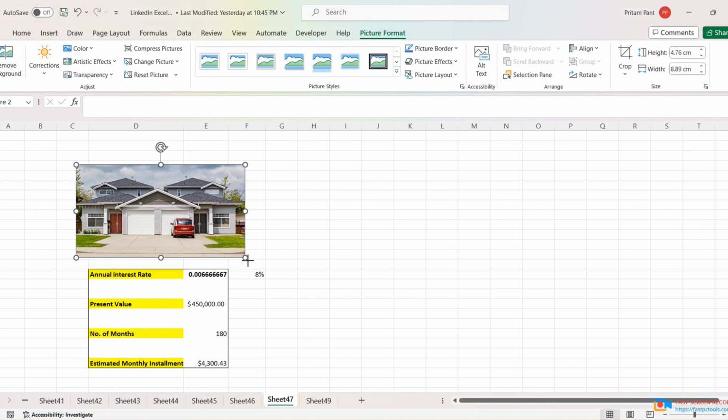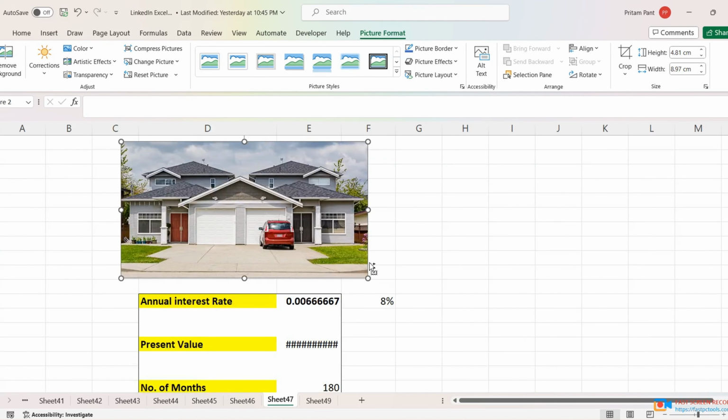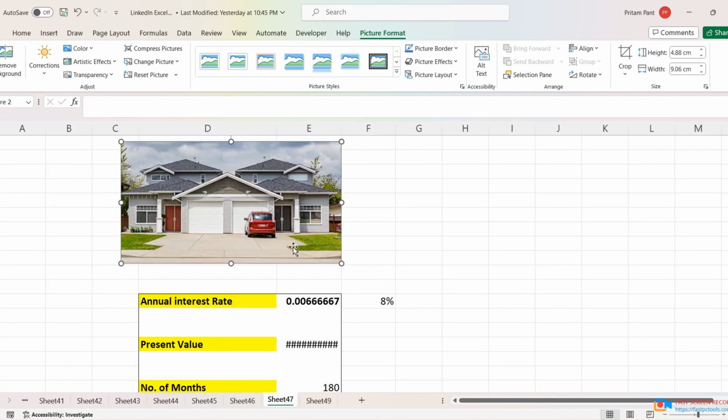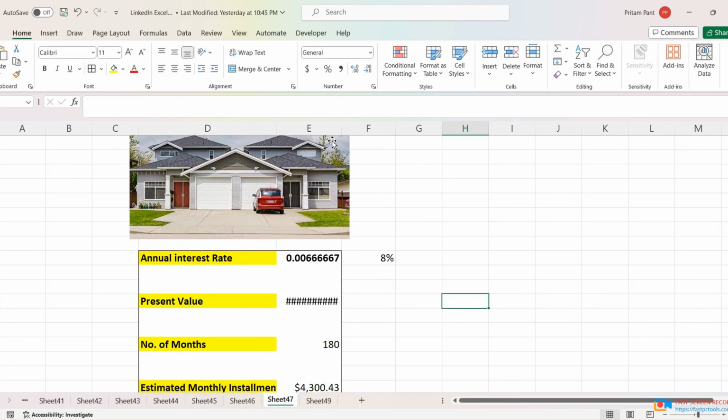So this is our home. Now we can make it a calculator.